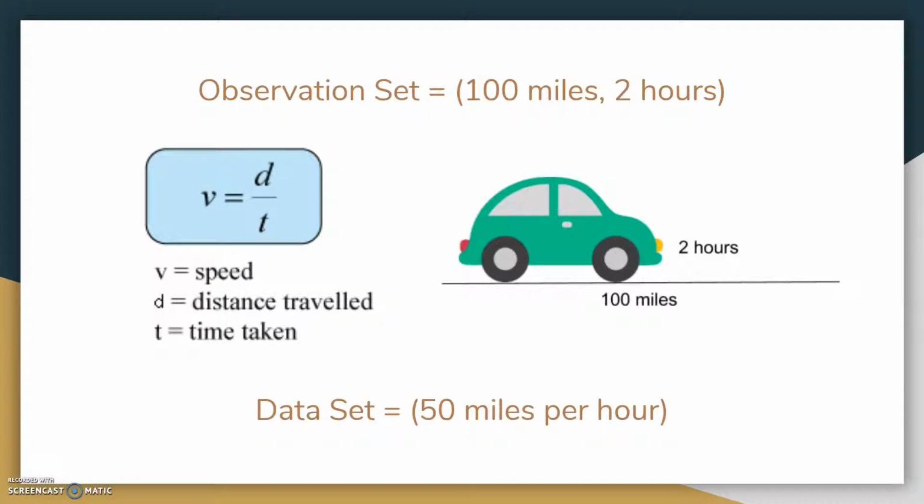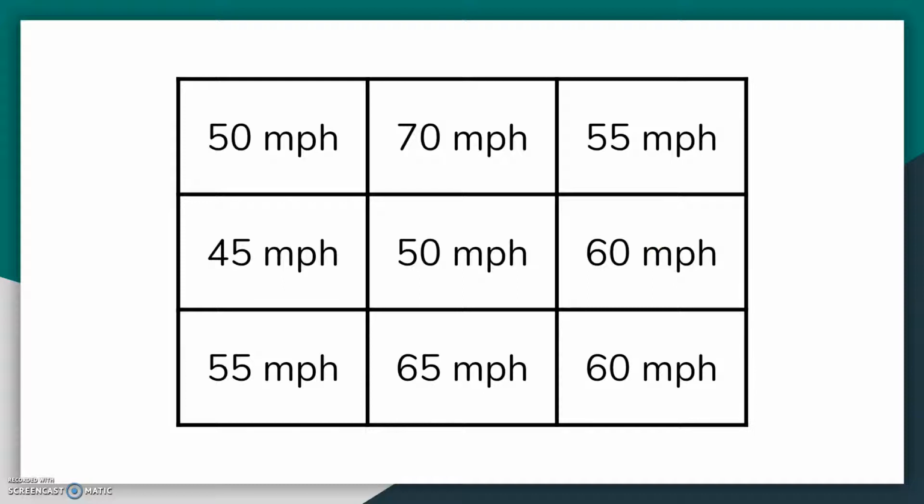We then can use a theory, the velocity formula, to create the data set, which, in this case, has a single element. Using this theory on all the observation sets, we create data sets for all observations. These data sets help us to find similarities and differences between observations.